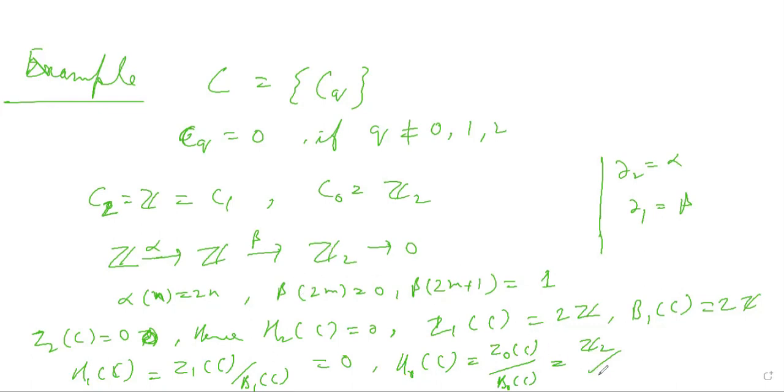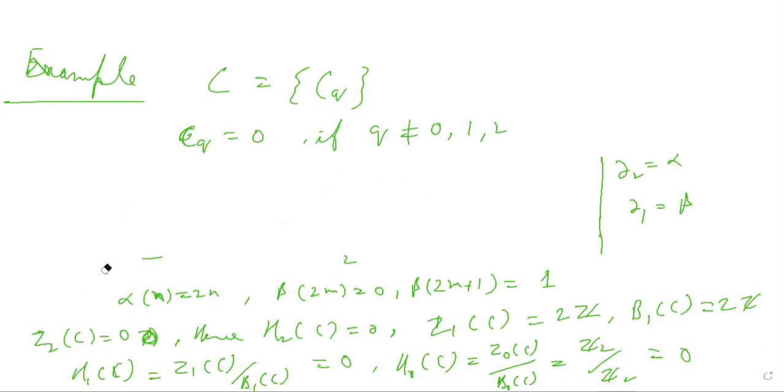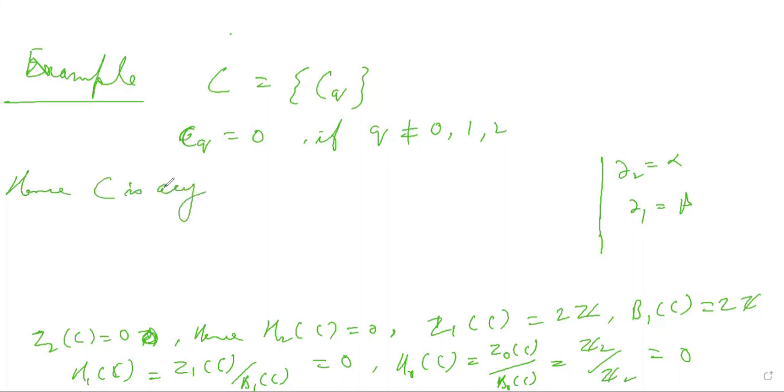It means B0C is whole Z2, so H0C is 0. So you can see that this C is acyclic. Hence C is acyclic.